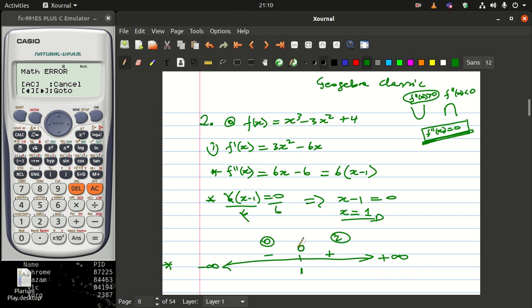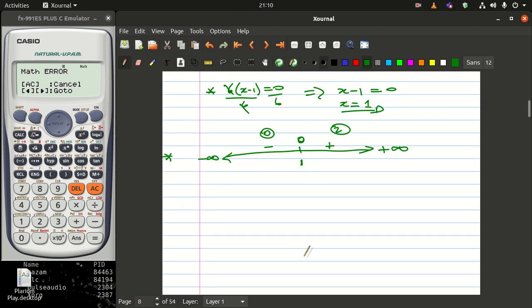This one here, we don't include it. Why? Because at this point there is nothing that is happening. There's no concave up or down. We just know that concavity is changing at that particular point. So the next thing that you do, you can see that from negative infinity up until you arrive at 1, f concaves, because it's negative, so it concaves down.